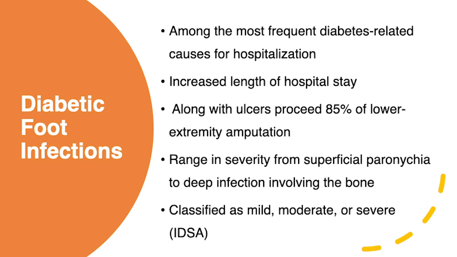So there's a range, from a superficial one, like a nail infection or paronychia, which can be as simple as a little redness on the nail, for example an ingrown toenail, straight up to a bone infection. So we can see that this can have very far-reaching results. As well, these infections can be classified as mild, moderate, and severe, and we're going to talk a little bit more about those.